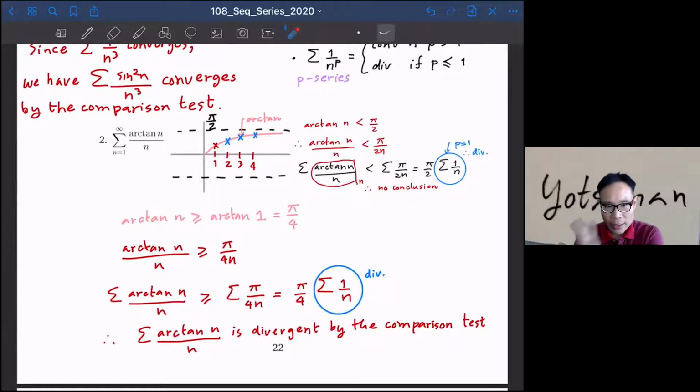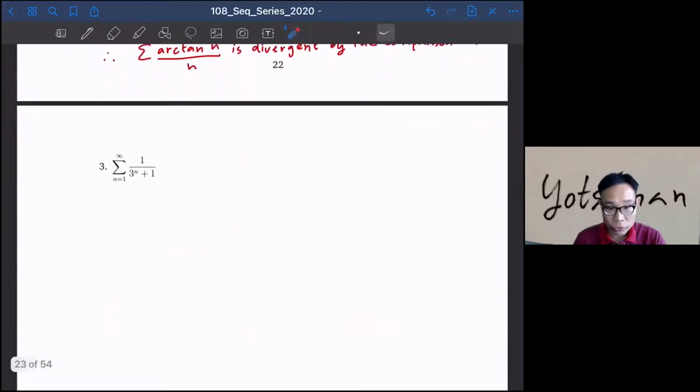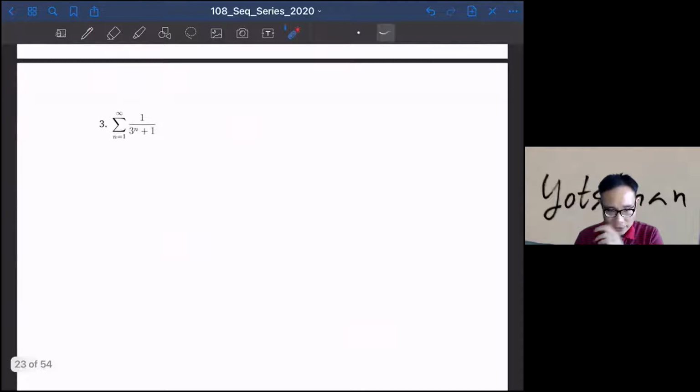If it's higher than a divergent series, it's going to be divergent. If it's smaller than a convergent series, it's going to converge. So that will be the key idea. However, the difficulty is that you use your knowledge of algebra in order to find the series that you need.